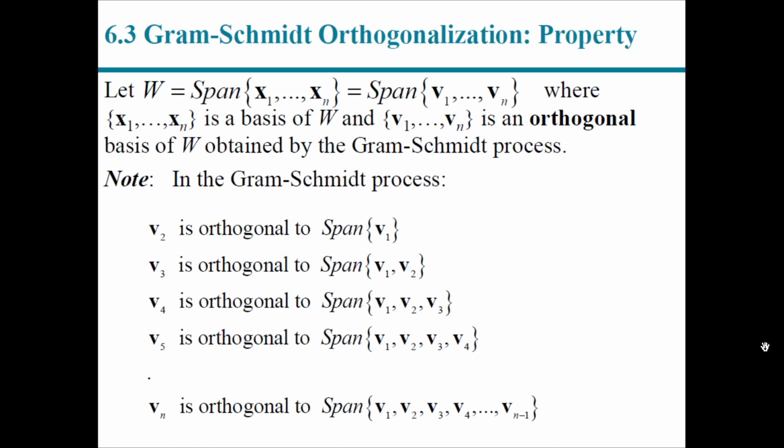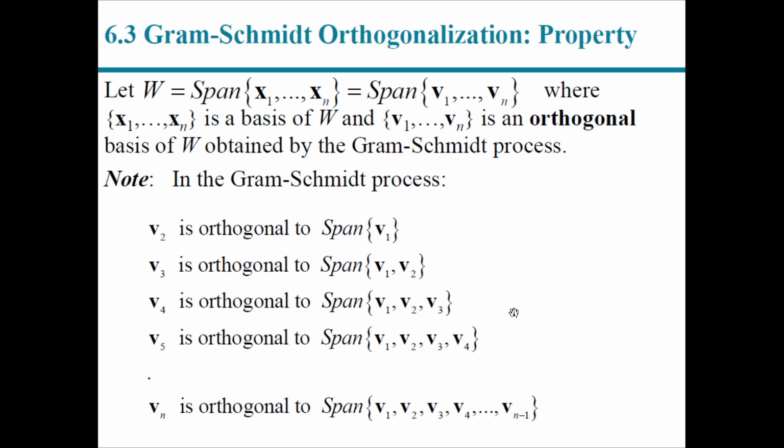So what we learned is that through this Gram-Schmidt process, every vector is orthogonal to all the previously created vectors. So v2 is orthogonal to the entire linear space generated by v1. v3 will be orthogonal to v1 and v2, so to the span of v1 and v2. v4 is also orthogonal to the span of v1, v2, v3.